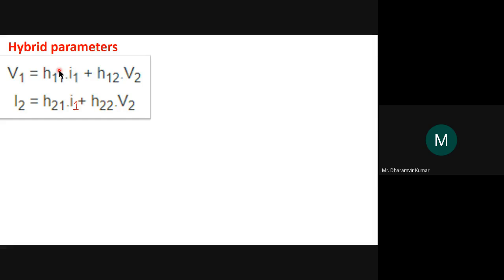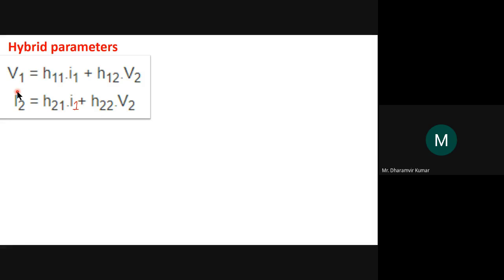Then this term becomes 0, and we can find the equation for H12. H12 becomes V1 by V2, voltage by voltage, a unitless ratio. This is input voltage by output voltage, so it becomes a reverse voltage gain. Reverse means why?